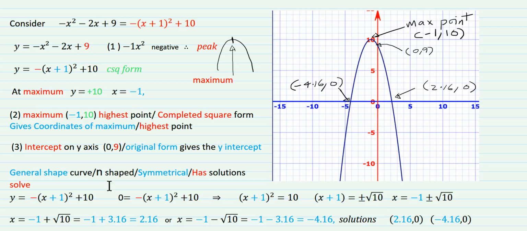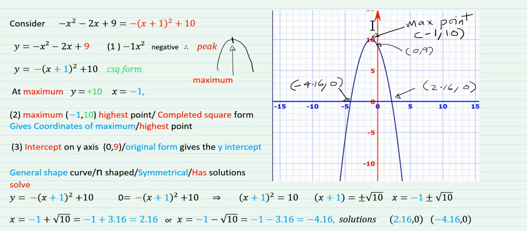Now the general shape of this curve is like an N-shape, like this, because this is negative. There's a negative in front of the x squared. So it's opposite. And again, it's symmetrical.